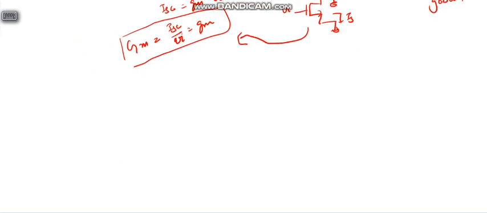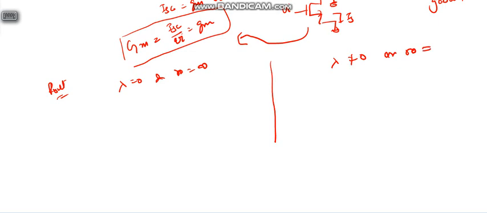Now let's find out Rout, when lambda equals 0 and Ro equals infinity, and when lambda not equals 0 or Ro is finite. For this case we make the input ground, we put some Vx voltage source, and we make it ground like this.